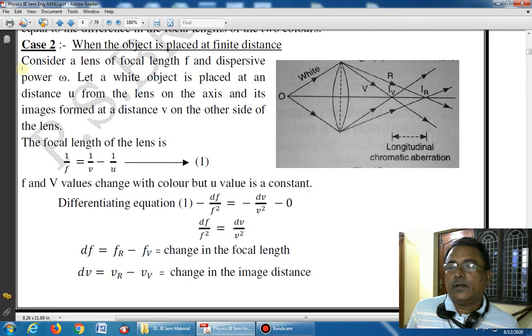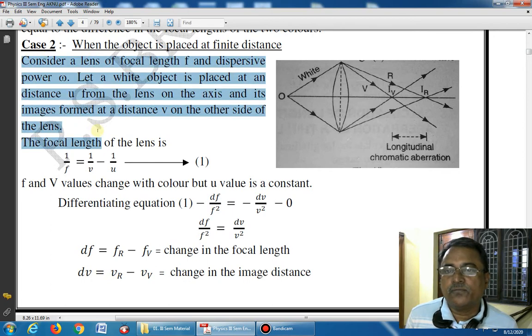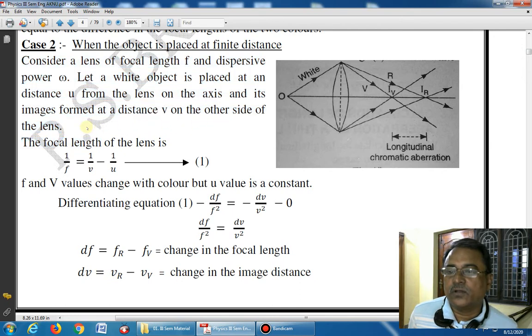Coming to the introduction, here we are taking a convex lens of focal length F and dispersive power ω. The object is placed at a distance u from the lens on the axis and the images are formed at a distance v on the other side of the lens.